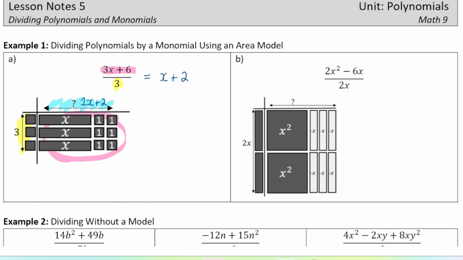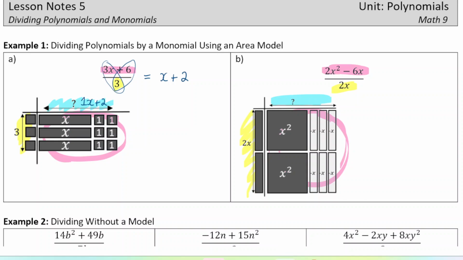Now the rule is going to be essentially both terms in the numerator need to be divided by the denominator. So we get 1x plus 2. Okay, so again, same thing here. We have the area, which is 2x squared minus 6x. One of the side lengths is 2x, and then we have to figure out what this side length would be to match.